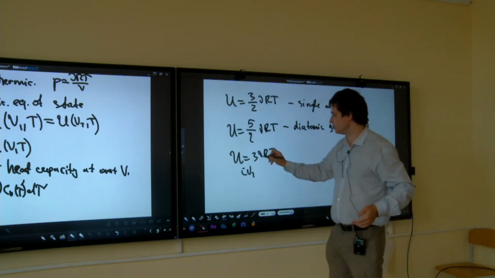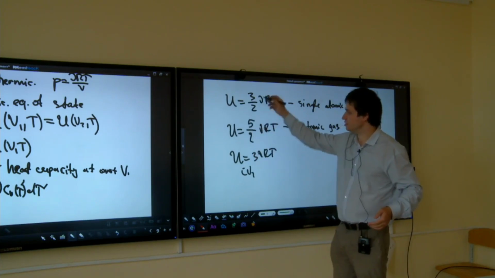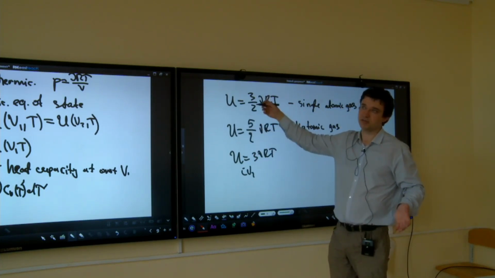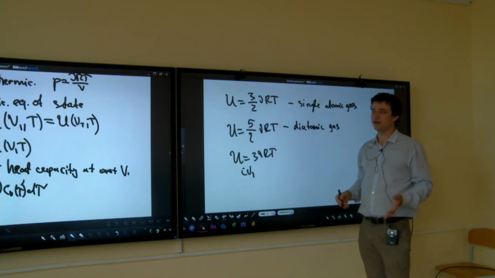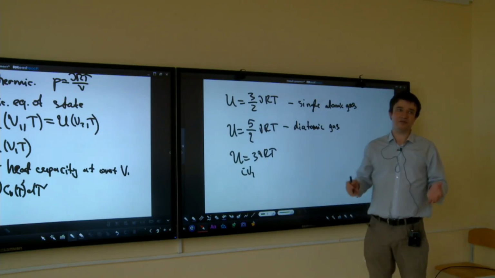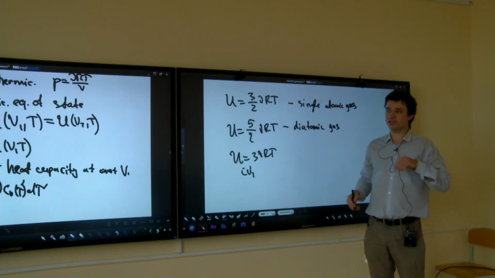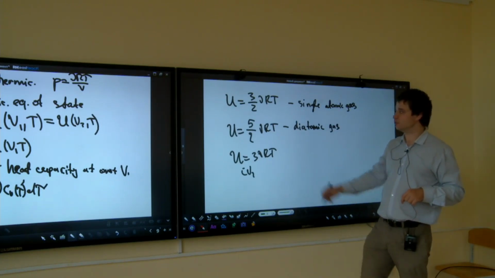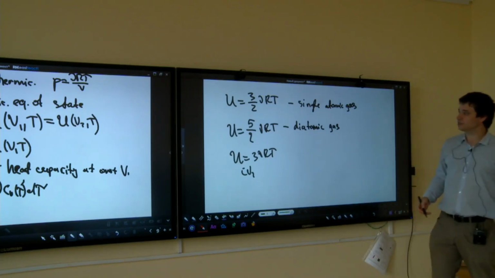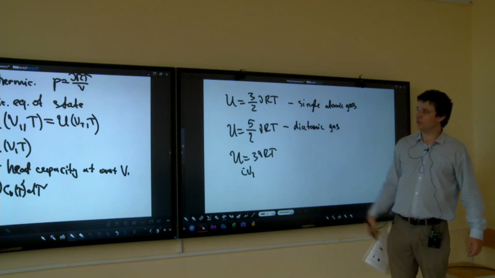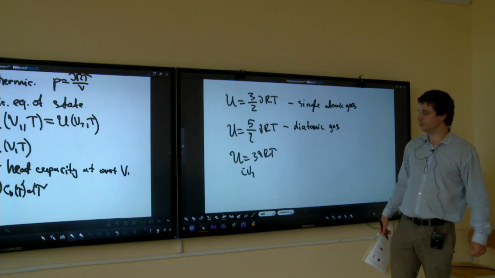Luckily, the conditions we are living in fall exactly in that interval of temperatures. So usually you can use these equations for the internal energy of the ideal gas.